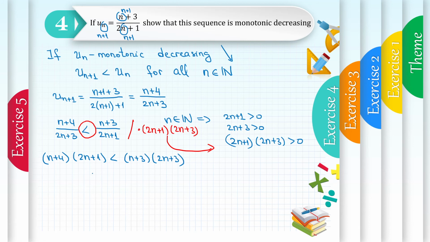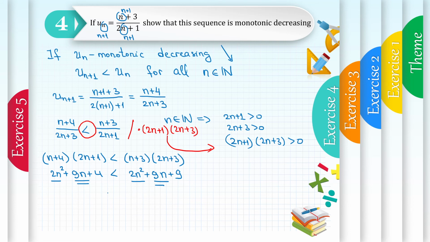Now we are going to open the brackets and we will have 2n squared plus n plus 8n plus 4. We have to show that it is less than 2n squared plus 3n plus 6n, 9n, plus 9. Which in fact we have, because here is 2n squared on both sides, 9n, 9n on both sides.